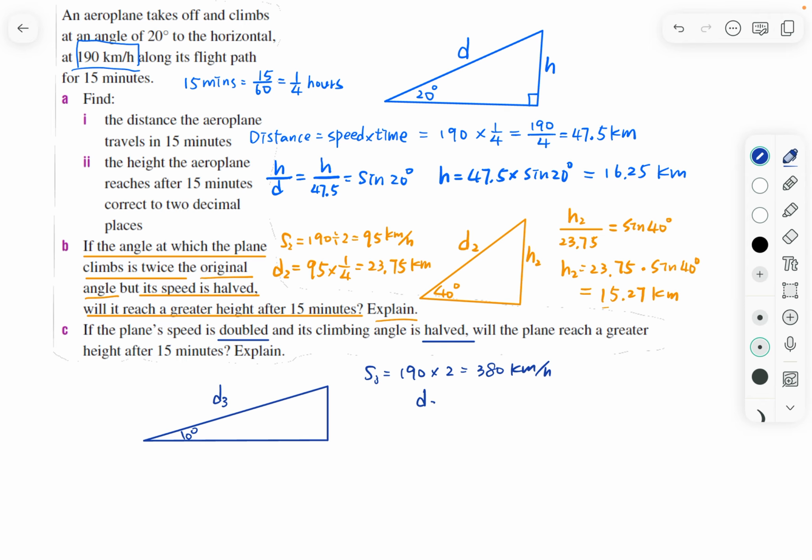Therefore, D3 equal to speed times time, 95 kilometers. Here is 95 kilometers.